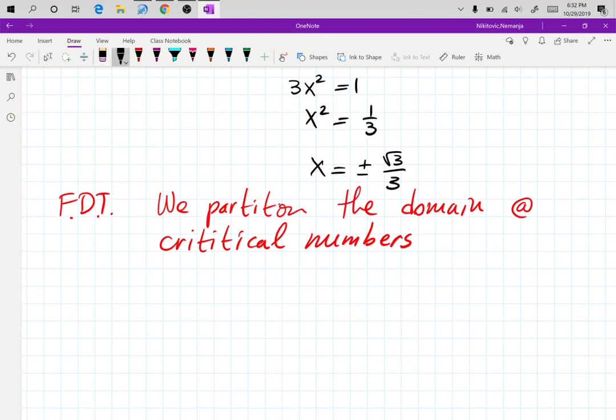We just draw the number line from negative infinity to positive infinity with these two barriers, negative root 3 over 3 and positive root 3 over 3.